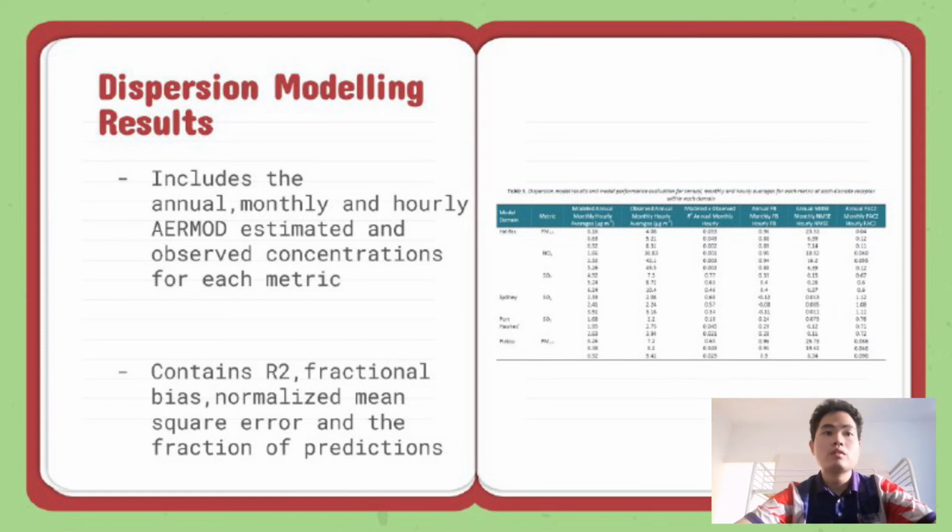In this table, the metric and the domain are categorized, and the concentrations of each metric are listed and compared between the modeled and the observed concentrations. Besides that, this table also contains different parameters such as R squared, which is the performance of the model, the fractional bias, the normalized mean square error, and the fraction of predictions.